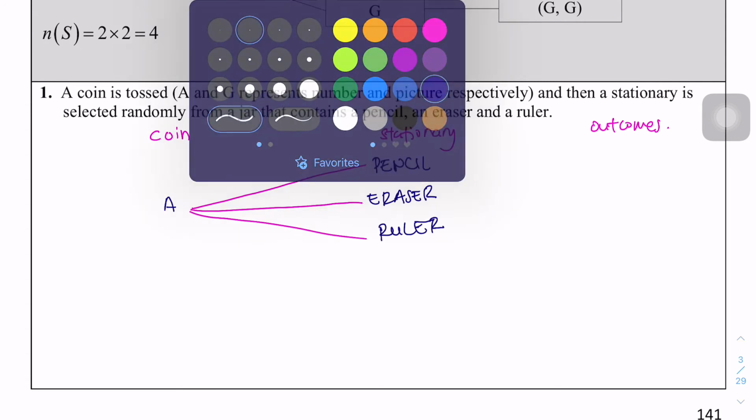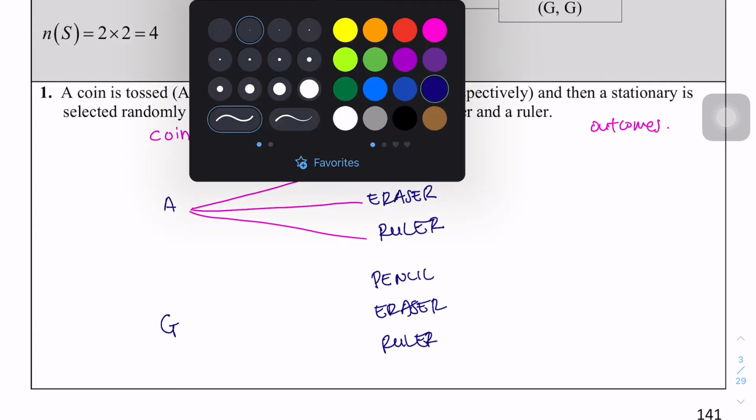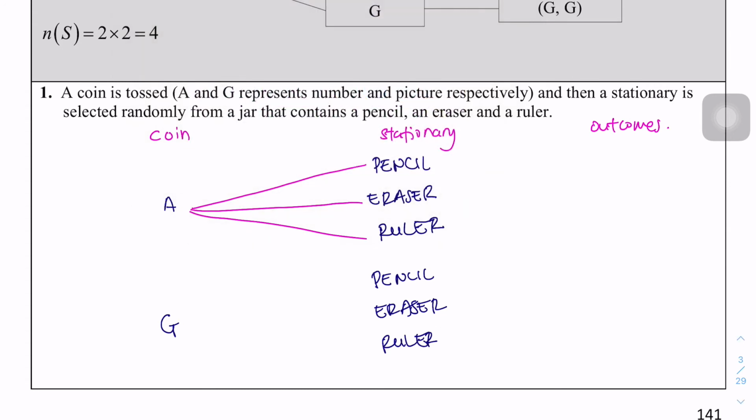Next, what if you choose G, picture? For the next choice, maybe you will choose the same, either pencil, eraser, or ruler. Right? Either pencil, eraser, or ruler, the possibilities are the same.